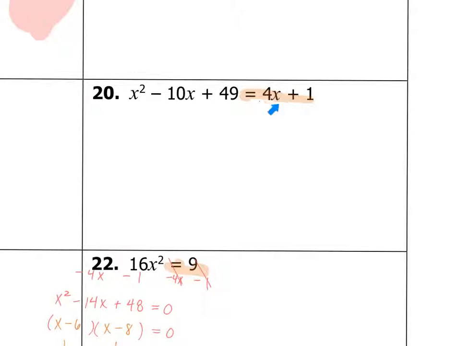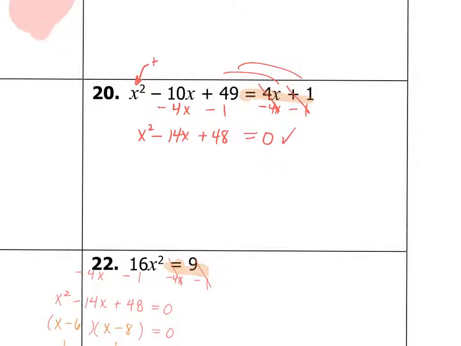Since number 20 is not set equal to 0, let's keep the x squared positive. So let's move these to that side. Let's subtract 4x and subtract 1. And that will zero those out. So now we've got what we want. We want it set equal to 0. So it's x squared minus 14x plus 48.